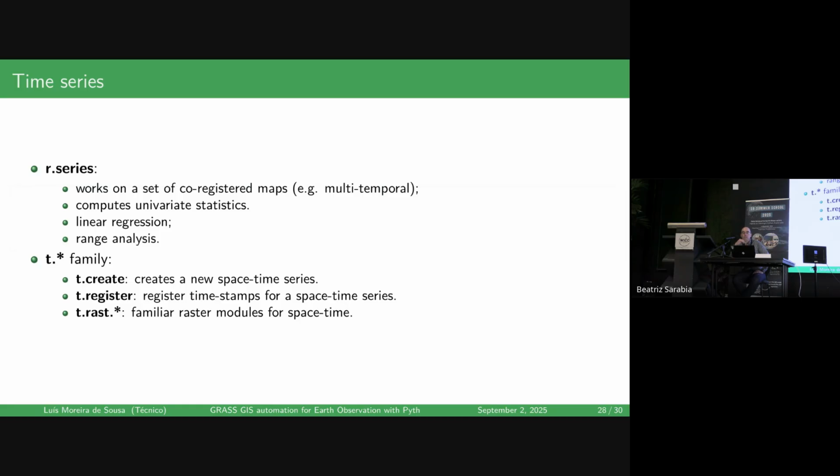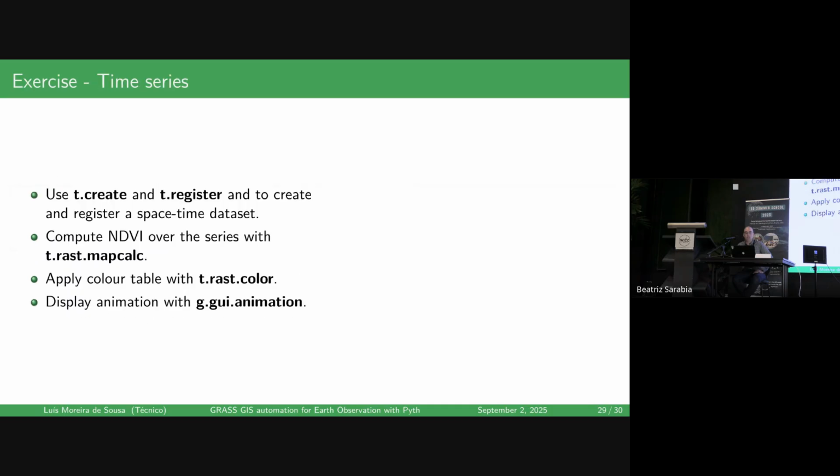And we have, first of all, different tools to create a time series, and then many tools to transform and work with time series. Basically, there is also a little exercise further ahead. You register a set of maps with timestamp, and it becomes your time series.